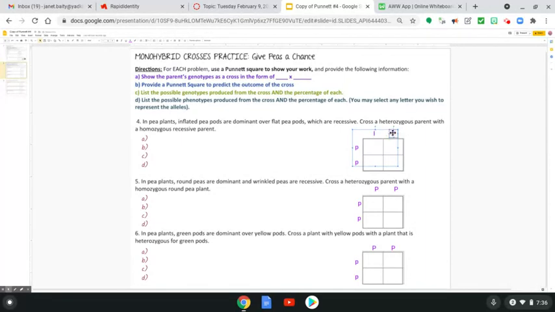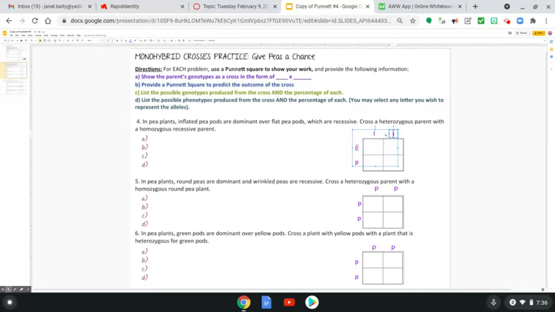And we're going to use a recessive I. And then get rid of that one. Okay, so that is our heterozygous, dominant and recessive.